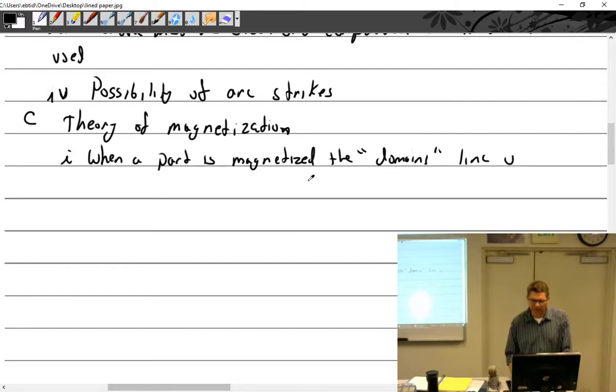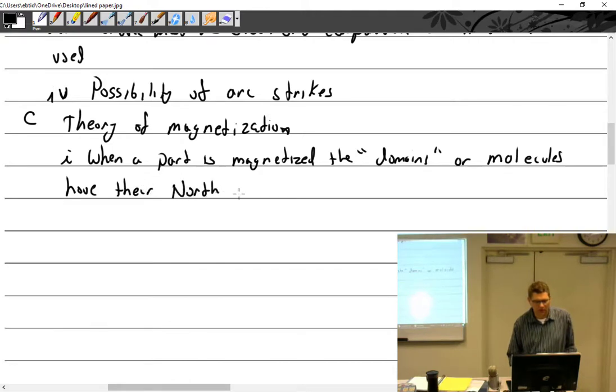Actually, let me back up a little bit. I'll say it this way. The domains, or molecules, as some books call them, have their north and south line up.